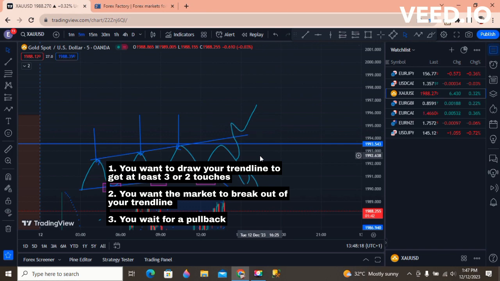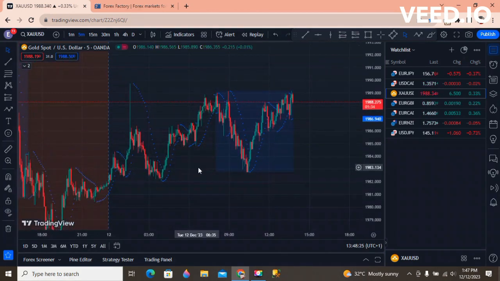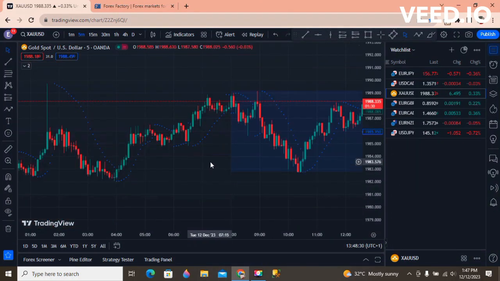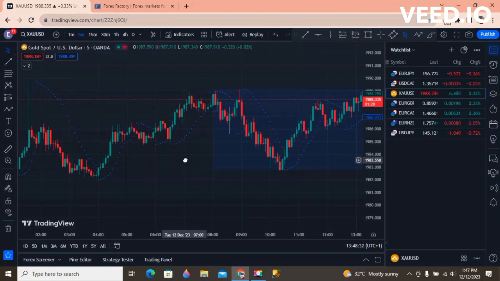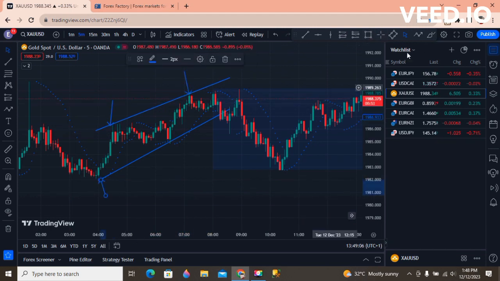And let's apply this on a live chart. Let me delete this. Now we are on gold versus US dollar. On gold, you see that we have a nice channel right here. I found this channel on the 5 minute time frame. See that we have a nice channel right here, 1, 2, and 3 right here.